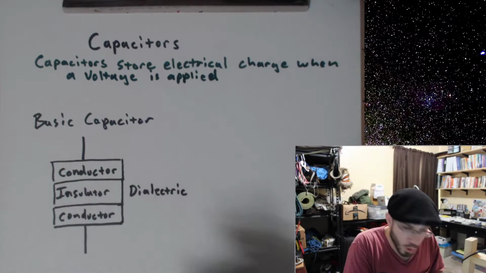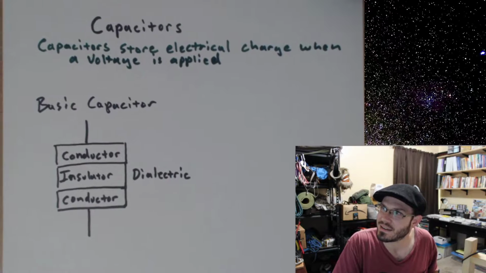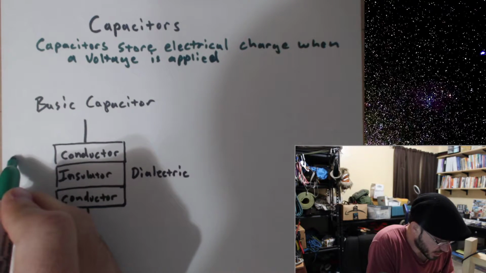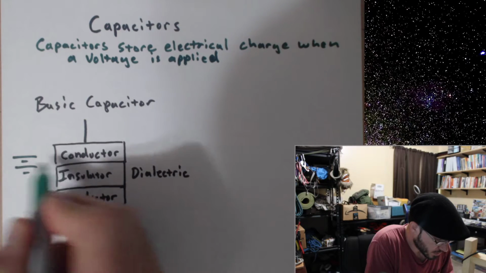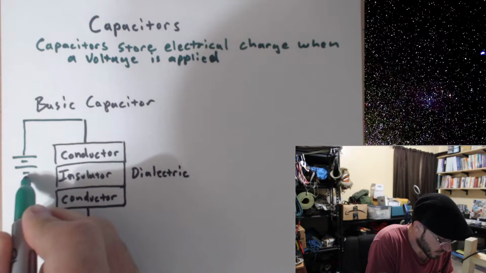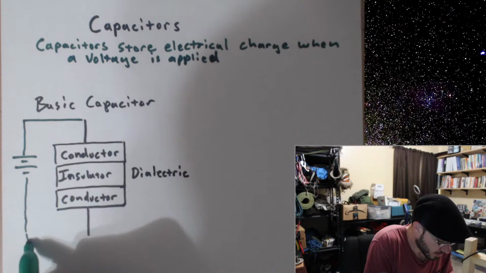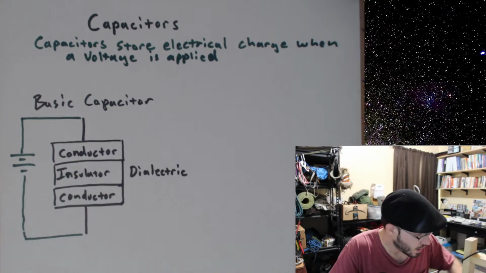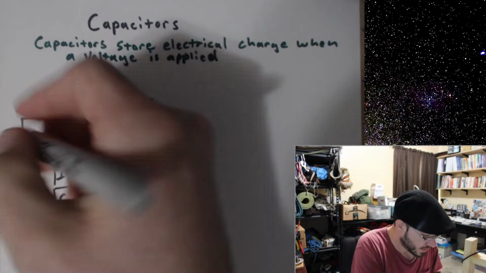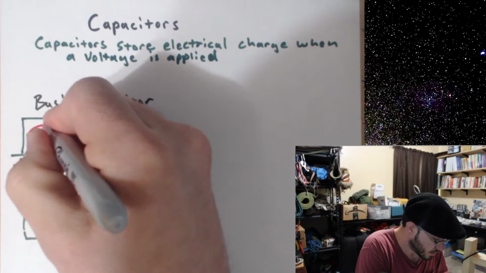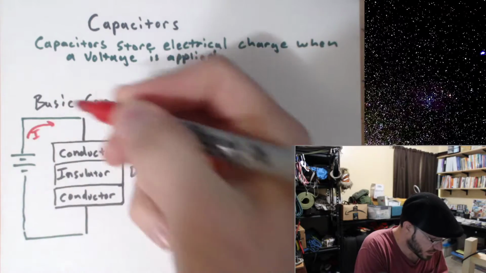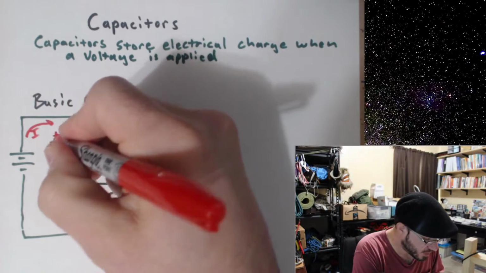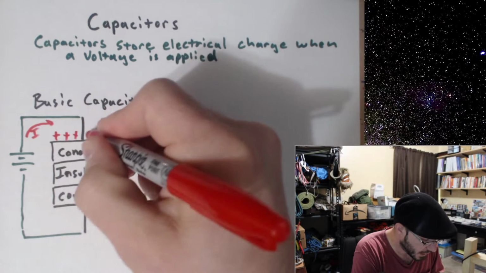In this case, if we were to apply a voltage, what's going to happen is we will get current to flow, and we're going to build up positive charge on one of these plates.